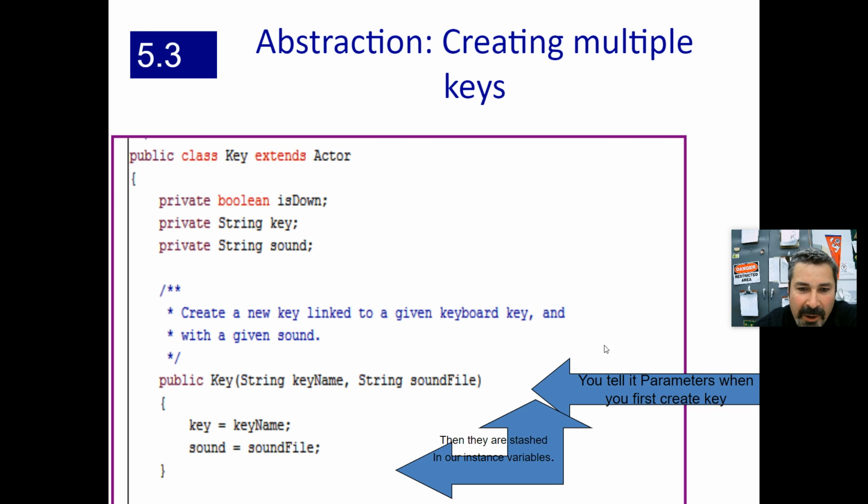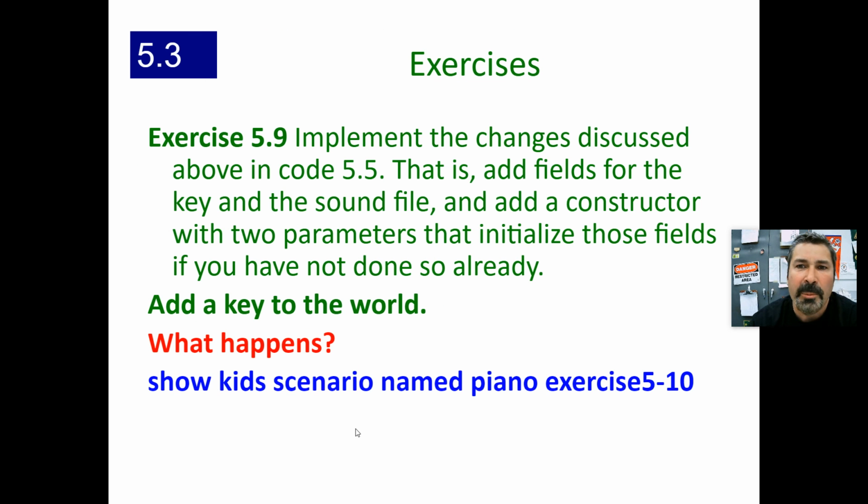And so we were able to pass it in and then store it permanently. So you tell it the parameters when you first create the key, and then that good information is stored permanently in our instance variables. All right, write that down in your handout. Implement the changes discussed. We already did that.